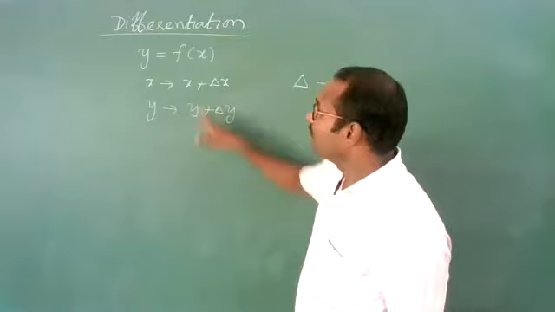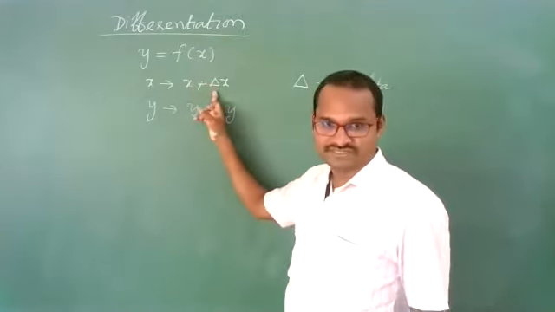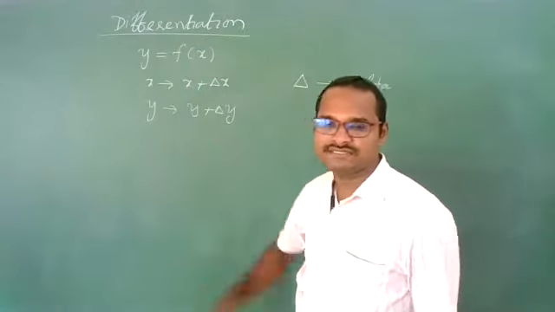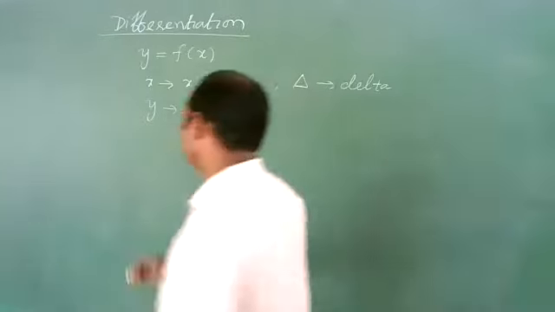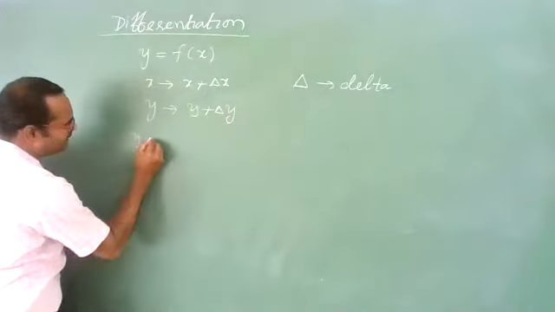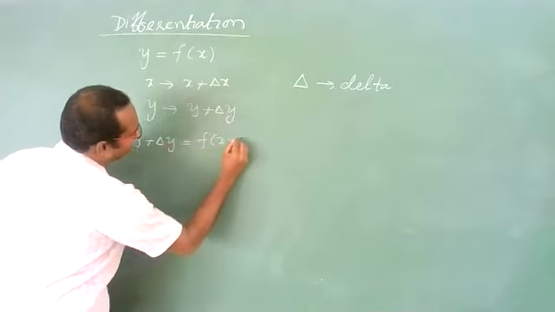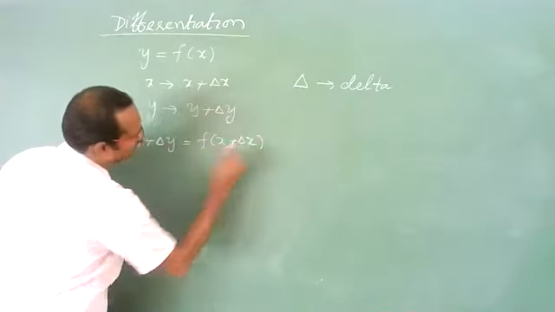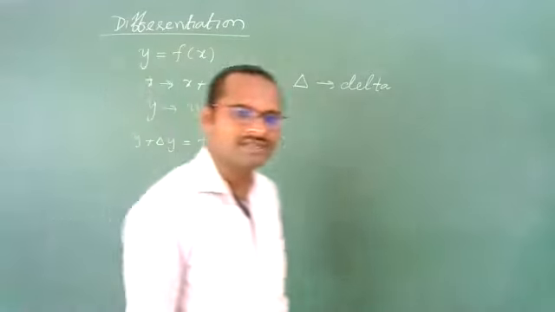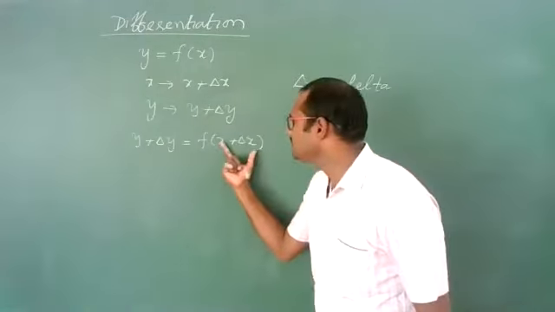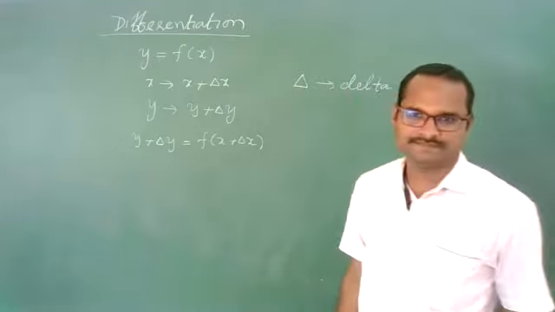Then with any increase in value of x, y value also increases. Means we can write y plus delta y is equal to f of x plus delta x. Whenever x value increased, y value also increases.